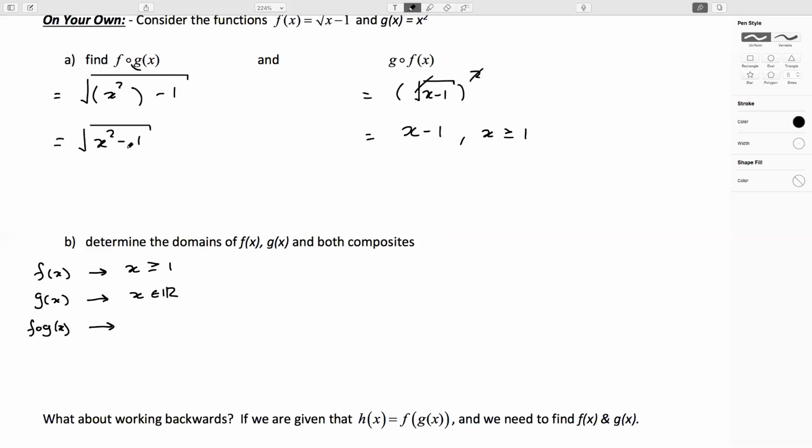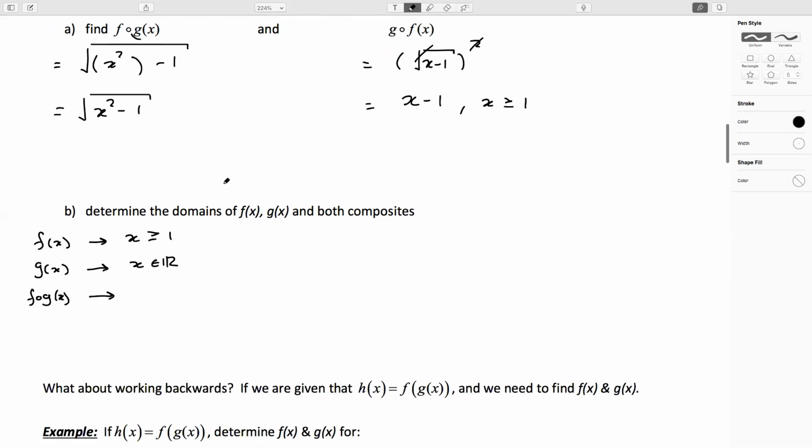But you can also put a negative in, and as long as that negative is between 0 and 1, like negative 0.5, you're going to run into the same issue. So we have to kind of account for both positives and negatives. X can't be between 0 and 1, and it also can't be between 0 and negative 1.